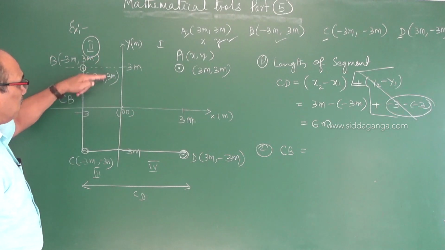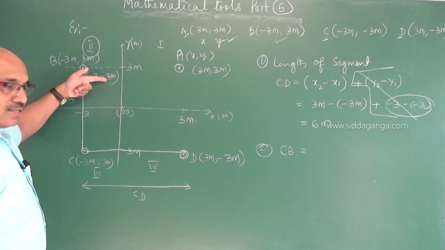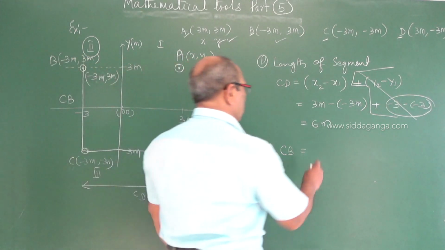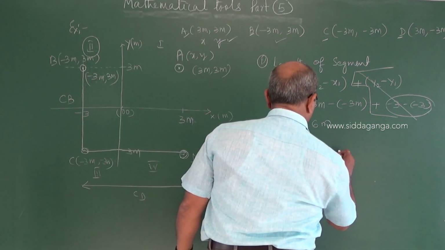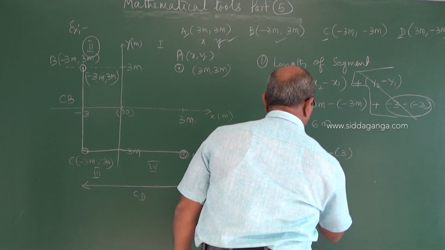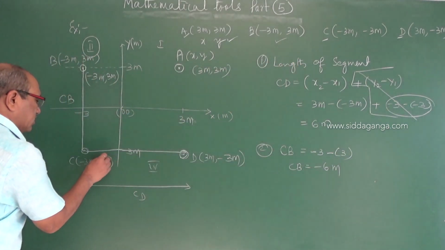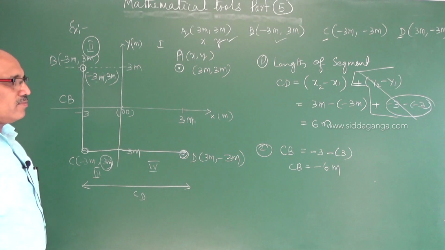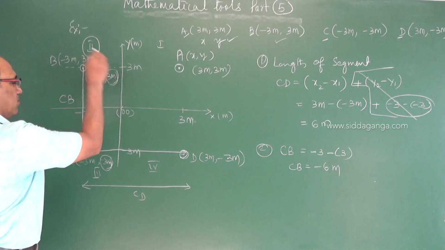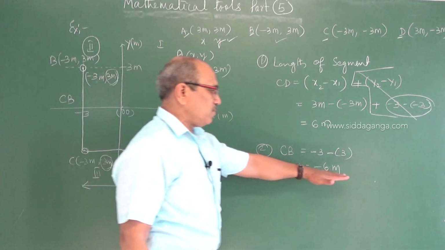Only the y component is changing, minus 3, 3. So if you take minus 3 minus of 3, this becomes minus 6 meter, because this coordinate is minus 3 meter and here it is plus 3 meter. The length of this segment is minus 6 meter.